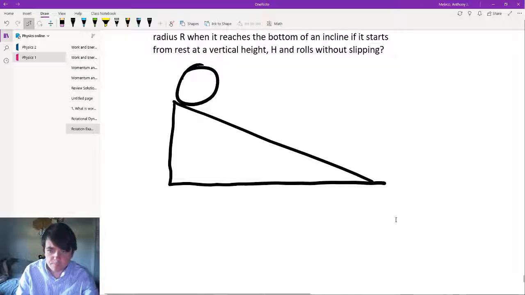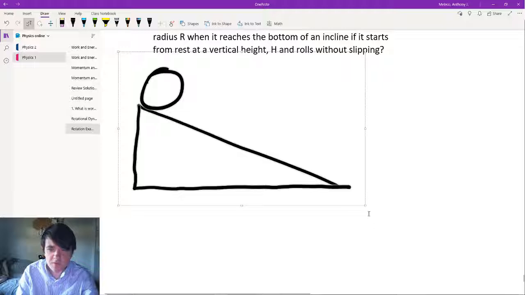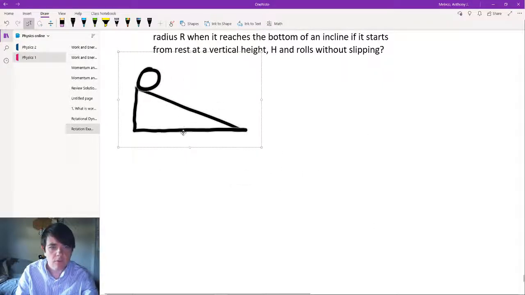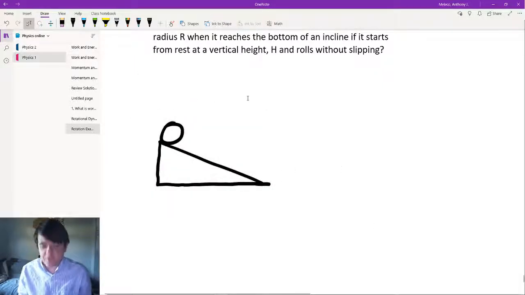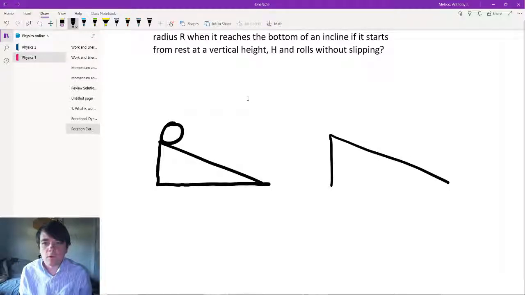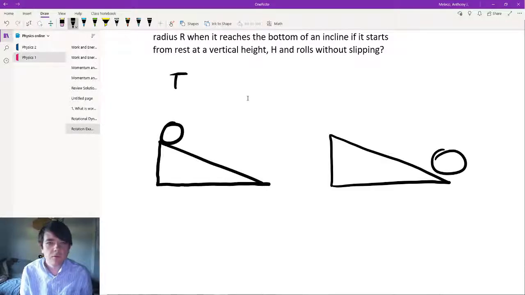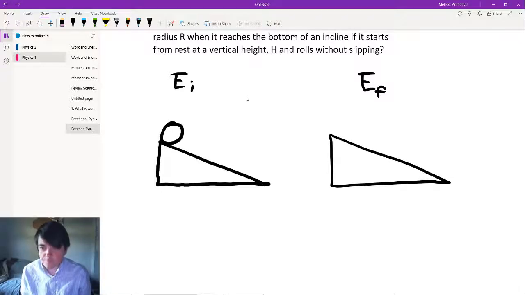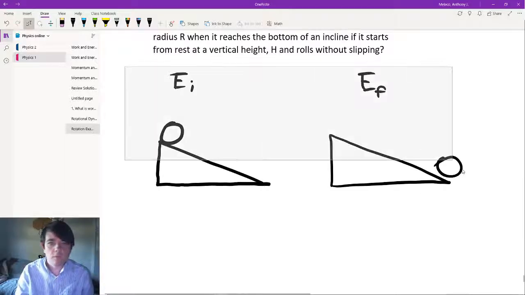And remember, this is an energy conservation question. And since it's energy conservation, you need to do energy initial and energy final. Let me move this down.